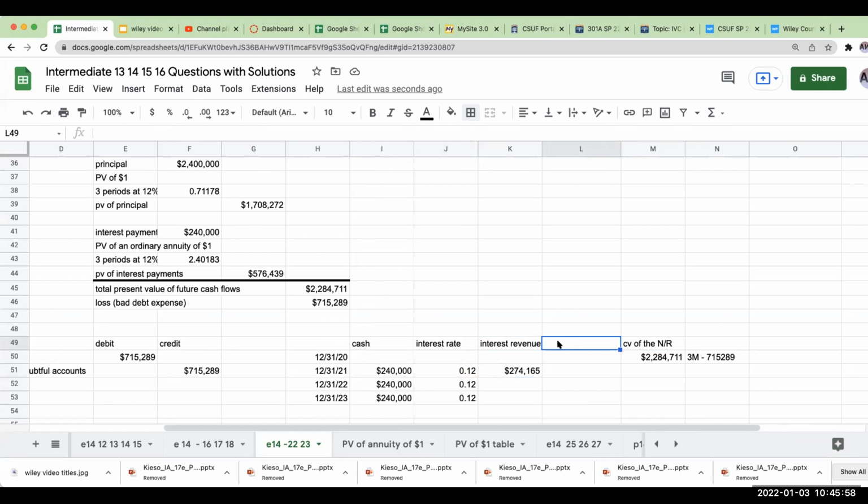And then the difference is going to be my increase in the carrying amount, or basically the difference between the cash and the interest revenue is going to be the increase in the carrying value of the note receivable.